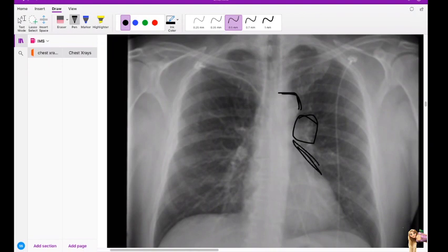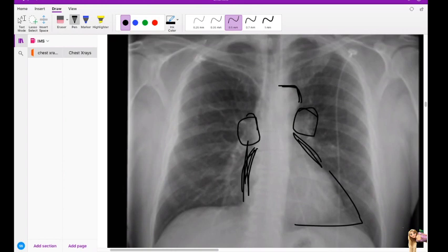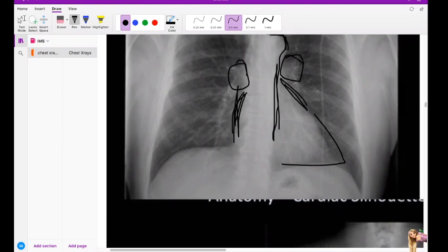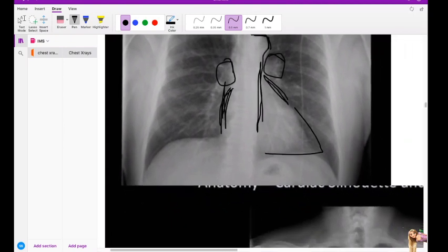This side is the left atrium, left ventricle. Then this is the right pulmonary artery. I think the right atrium is this side. Yeah, this is basically the right atrium. And the descending aorta you can see, somewhere over here. Ascending aorta you cannot see over here. The next image has it shown, so I'll just go to the next image now.